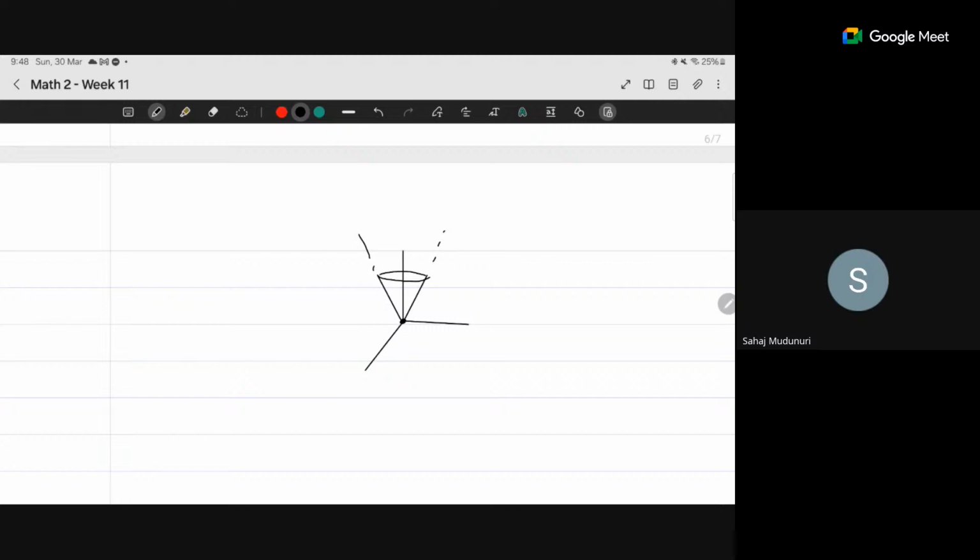So for the cone, everything else is smooth. You can look at this as the square root of x square plus y square. If you plot this, you will see that this happens.